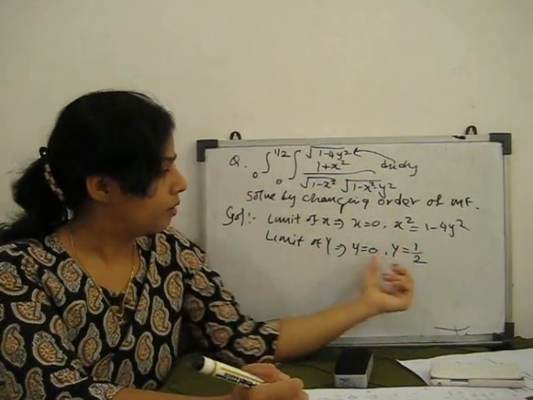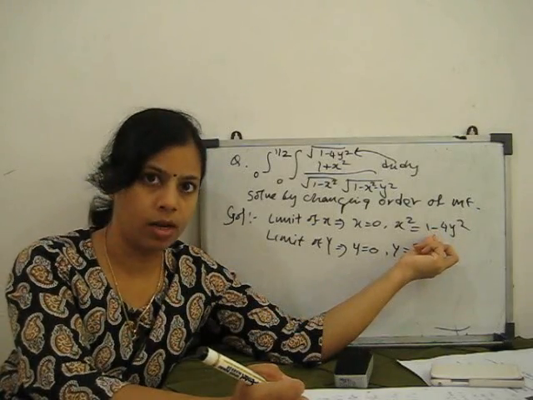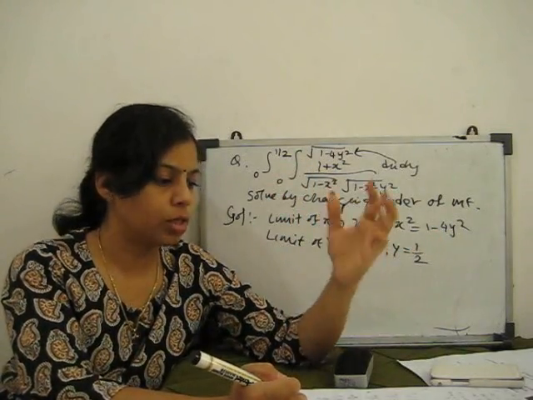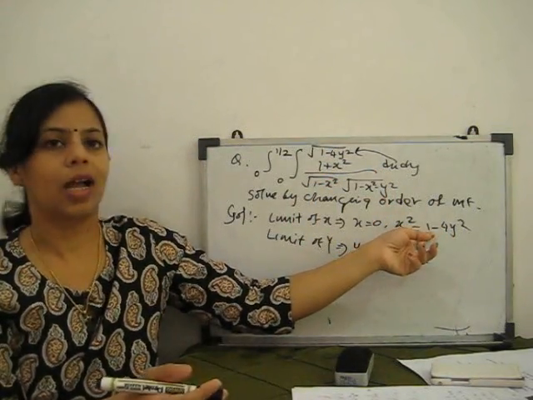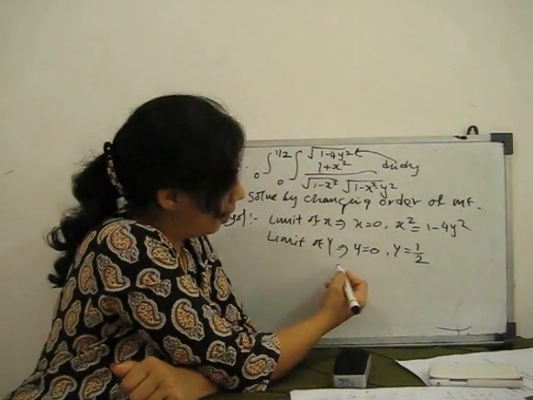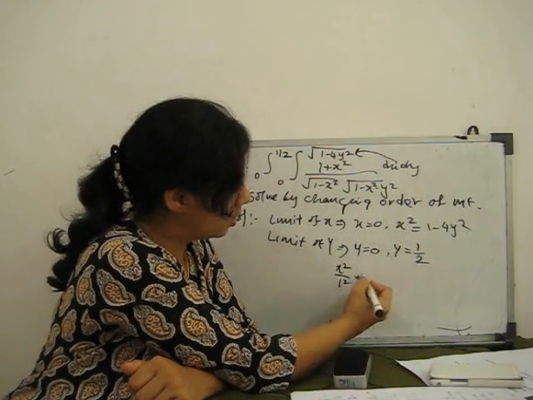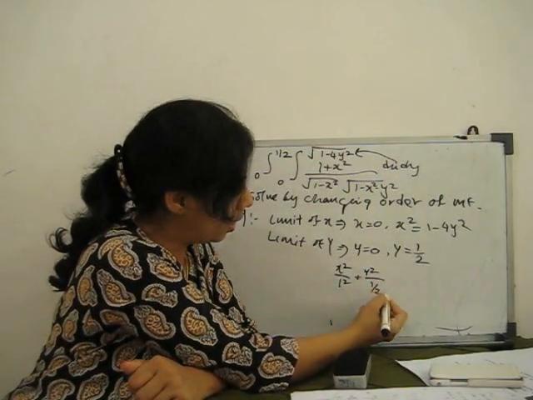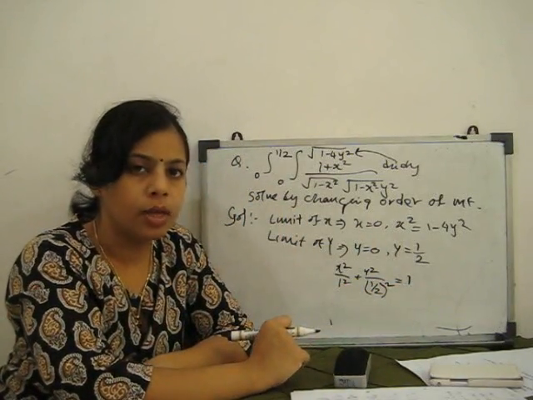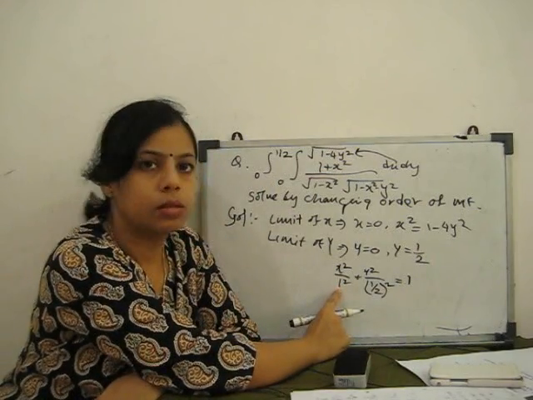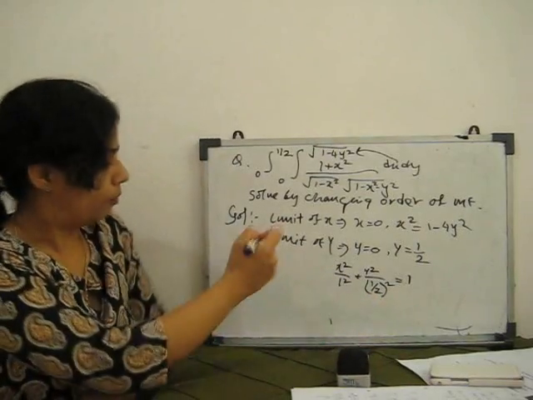Or we can say when we put y is equal to 0, x square is equal to 1. When we plot this, it is one kind of ellipse. We rewrite x square upon 1 square plus y square upon (1 by 2) square is equal to 1. So this is an ellipse where the major axis length a is 1, minor axis length is 1 by 2.